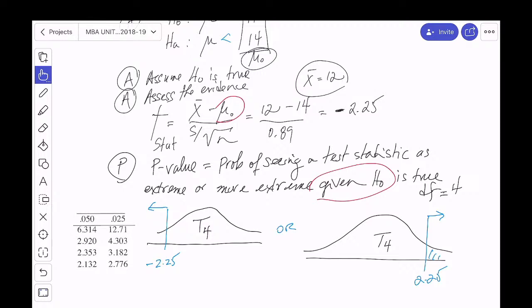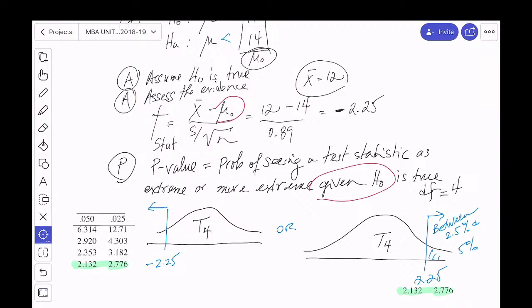That for the fourth row, 2.25 is not there, but it's between these two. And these two correspond to between 2.5% and 5%. Again, you can put it in Excel to get the exact number.